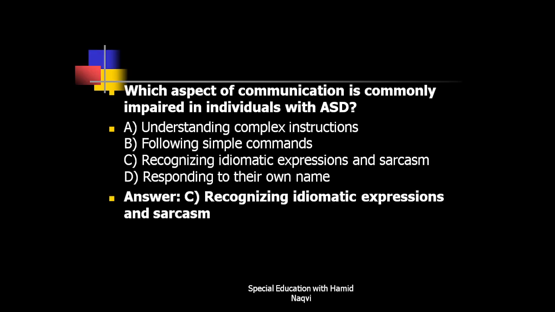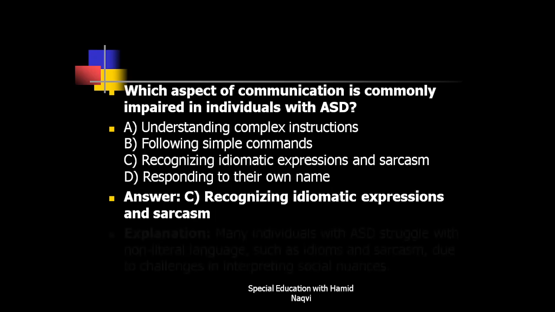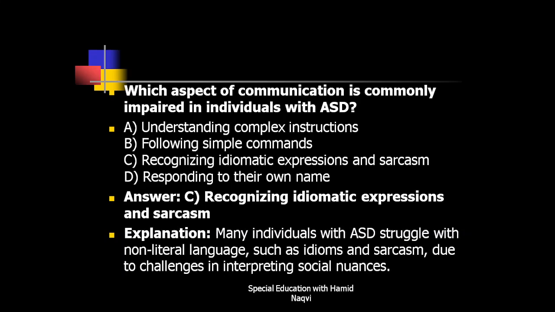Answer is recognizing idiomatic expressions and sarcasm. The reason is many individuals with autism spectrum disorder struggle with non-literal language such as idioms and sarcasm due to challenges in interpreting social nuances.